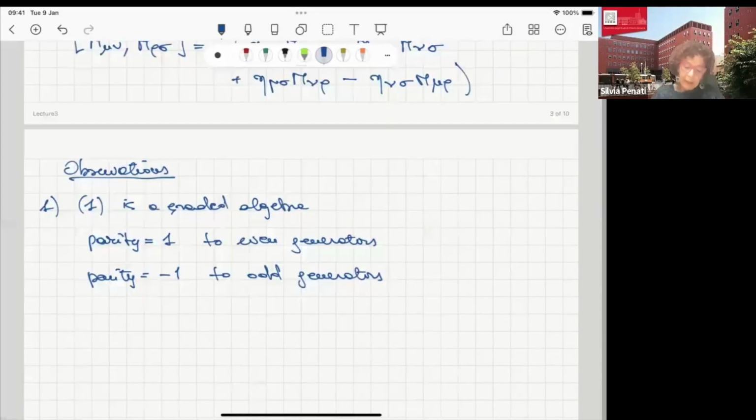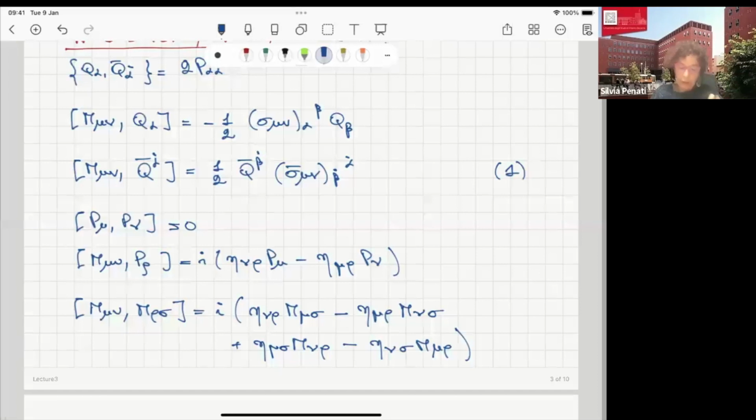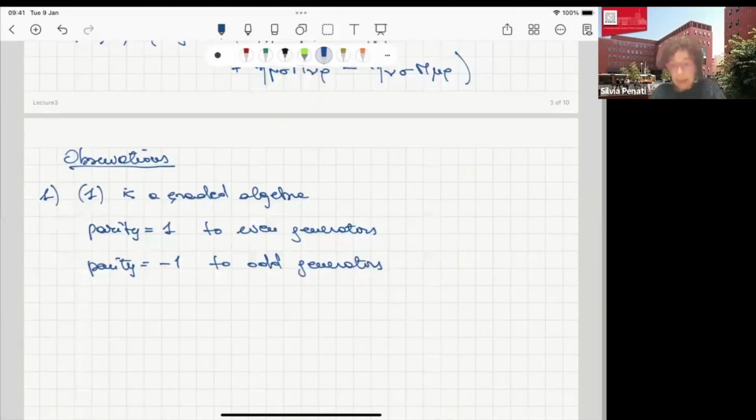Okay, and you will see that the set of commutation and anti-commutation relations that I wrote here are consistent with this parity assignment if we identify even generators with P mu and M mu nu, whereas we identify with odd generators Q alpha and Q bar alpha dot.